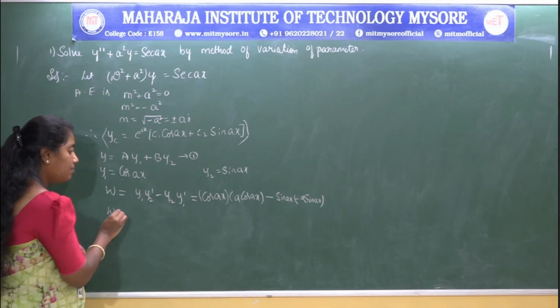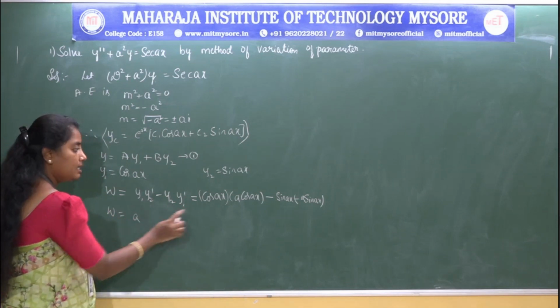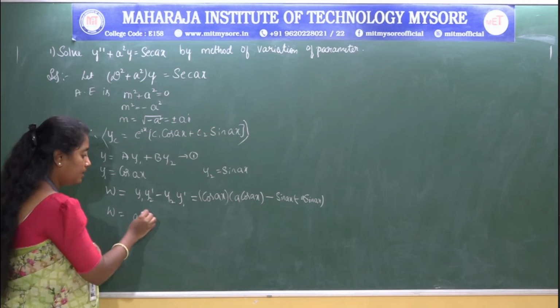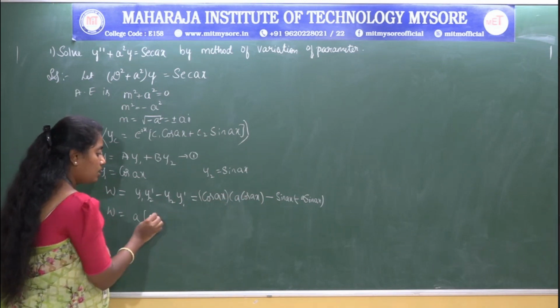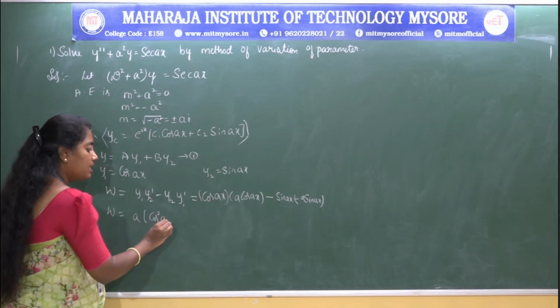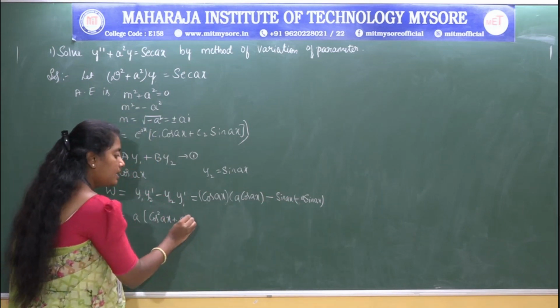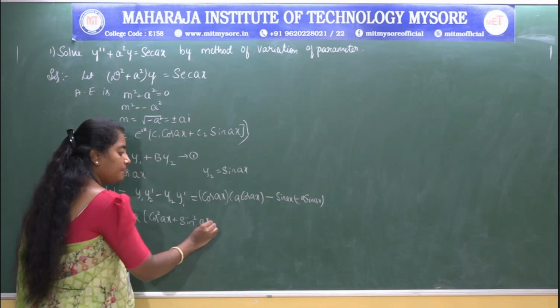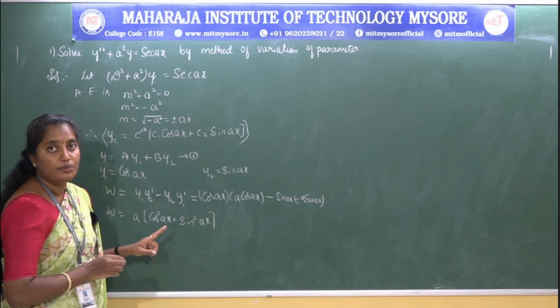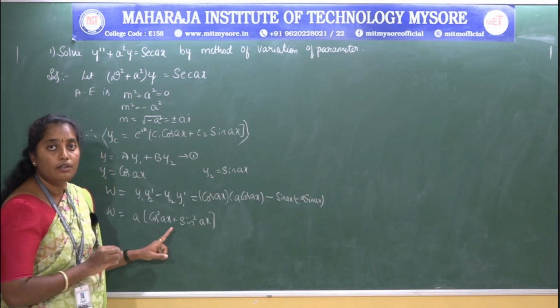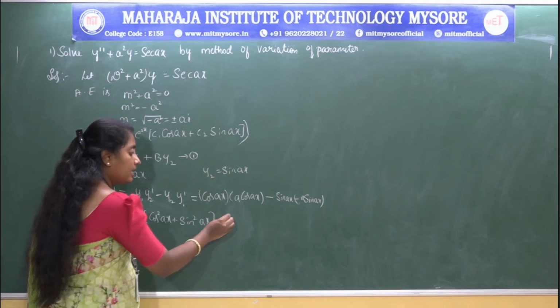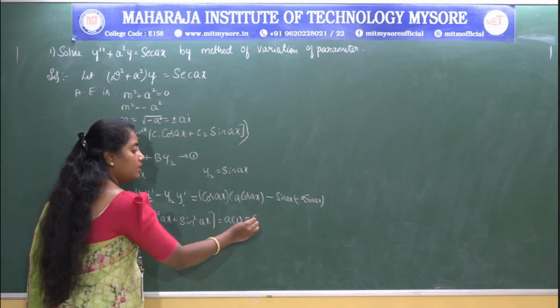Simplifying this, w is equal to a, which is a common term in both elements, into cos square ax minus of minus plus sin square ax. The value of cos square plus sin square is a standard result, which is equal to 1. So we get a into 1, which is equal to a.